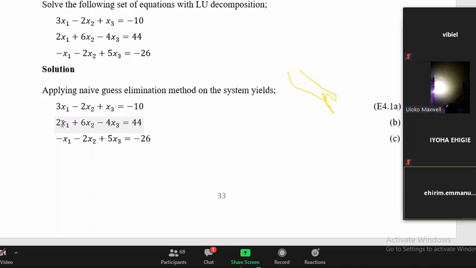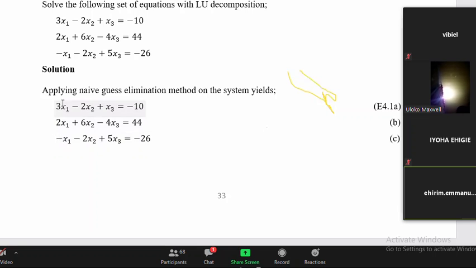Simplify it, we will have 2x1. And the result that comes out, we subtract from this equation. We will eliminate x1 the way we've been doing before. We do the same thing here. So this factor here is F21, while this factor here is F31. The value of F31 is minus 1 over 3.